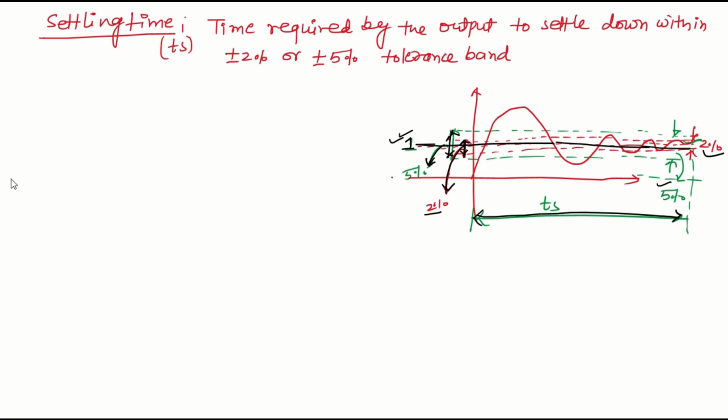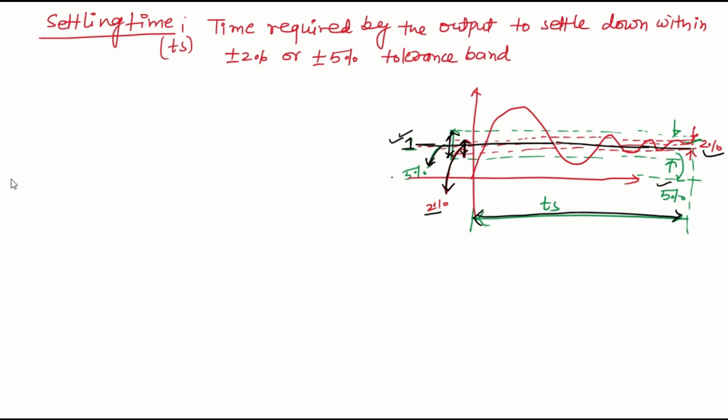Now, to calculate the value of Ts, we have to make some approximations, because after the settling time the oscillations vanish and the system response is purely exponential.